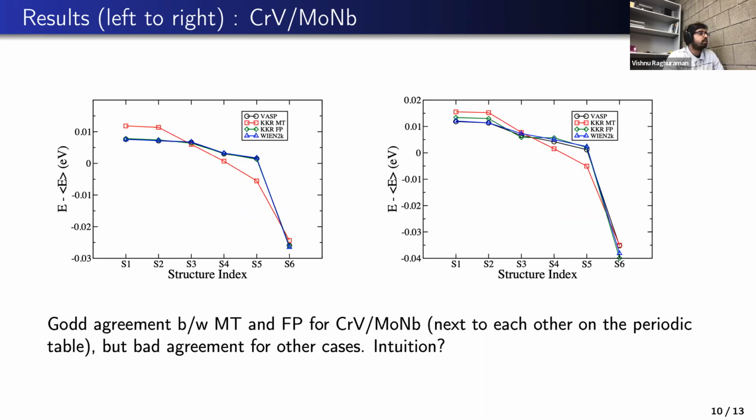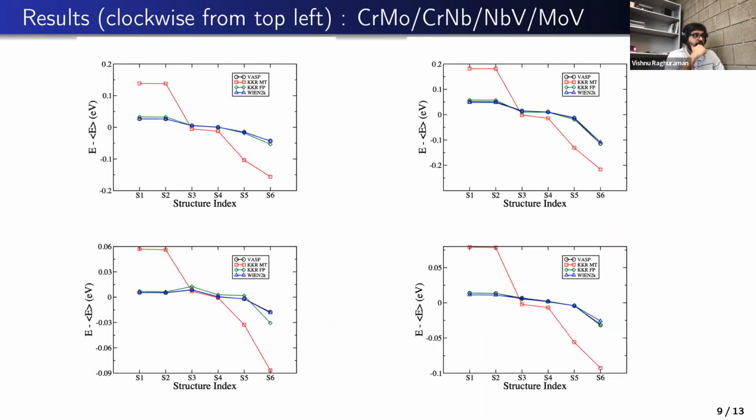I think that part is slightly misleading because I have taken off the averages, and the average energy for the muffin tin is a bit different than the average energy for full potential, because in this case I was interested in looking at the fluctuation from the mean.